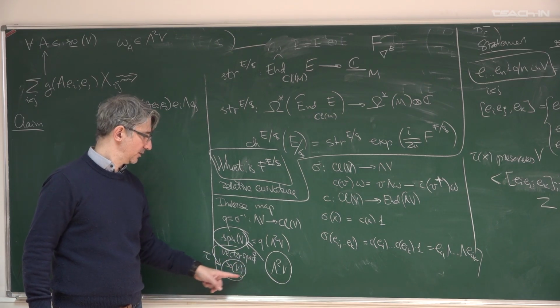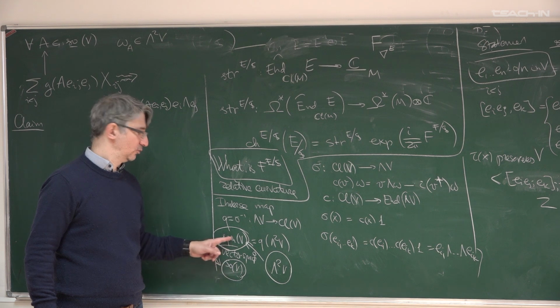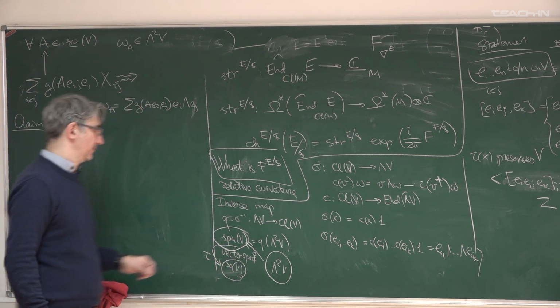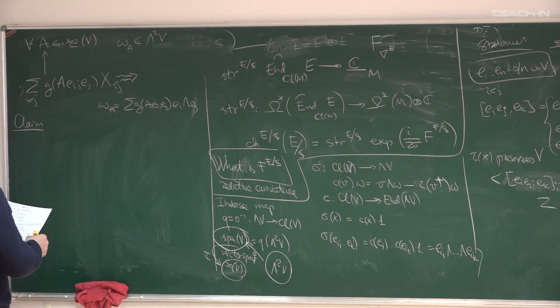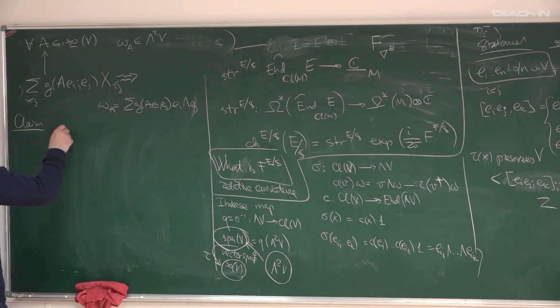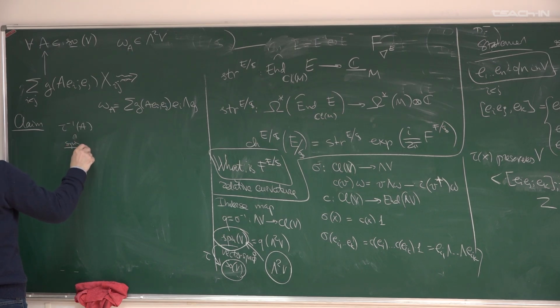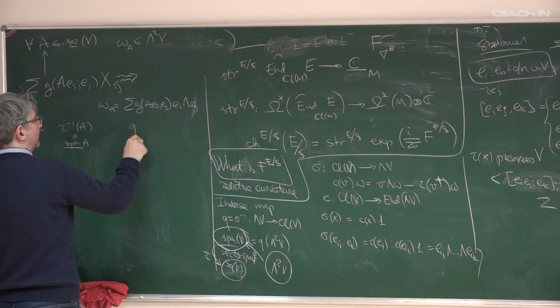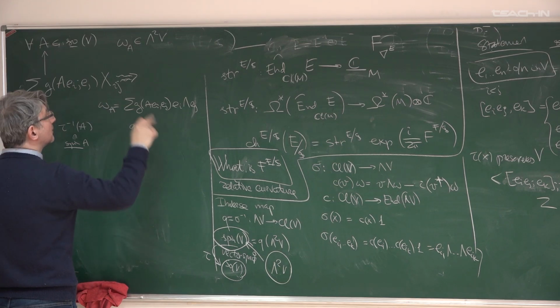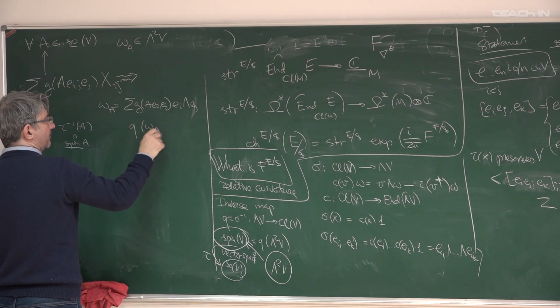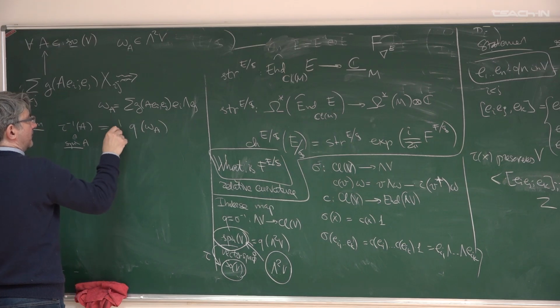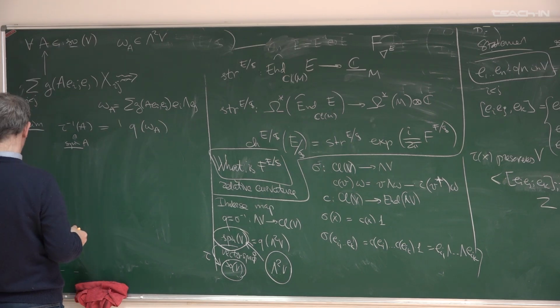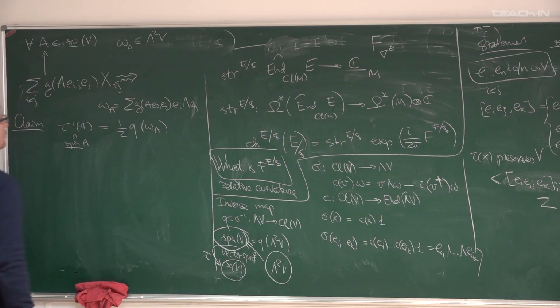So if I want to compare them, I need to go to spin. The claim is as follows. Tau minus 1 of A, which now belongs to spin, and the quantization of omega A. Where should be 1/2? Yes, should be 1/2.